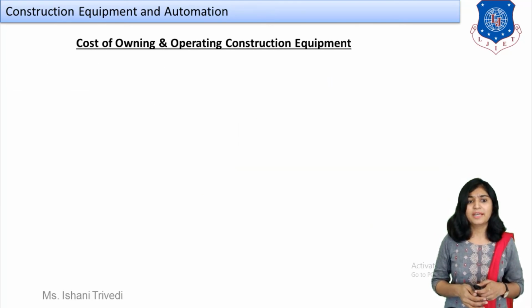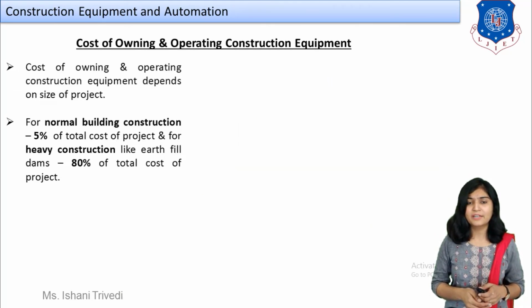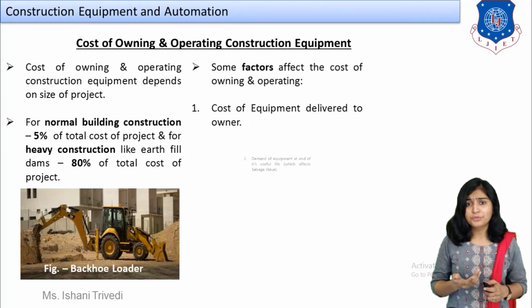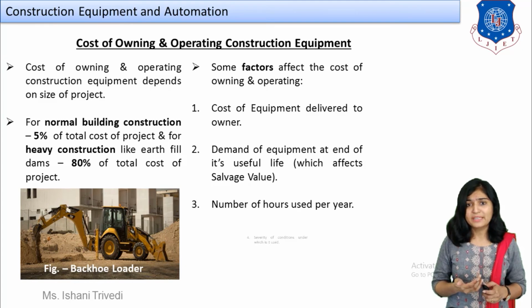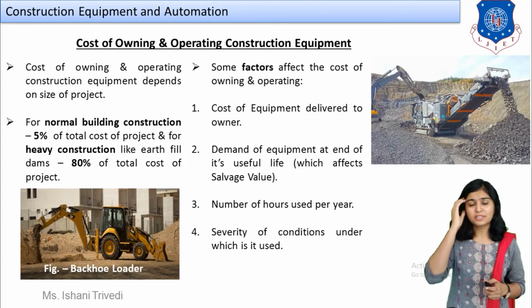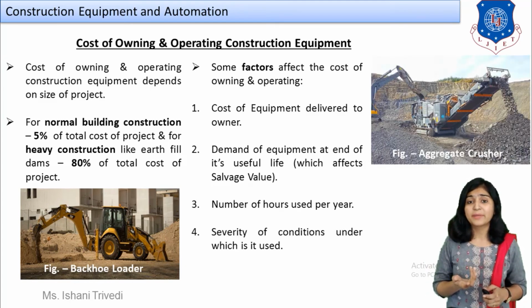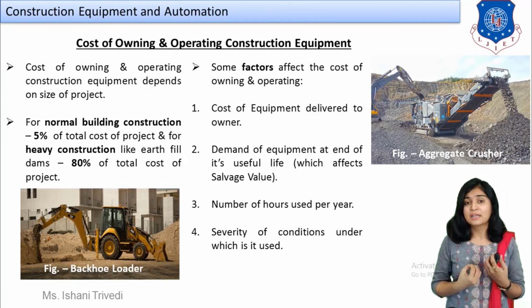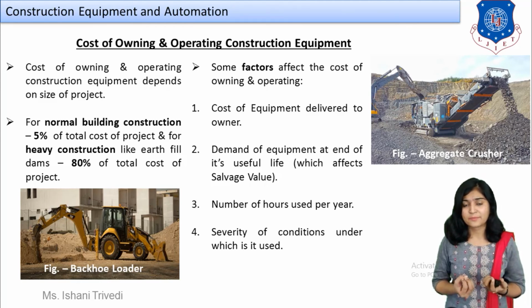Next, we have the cost of owning and operating construction equipment, right? What do you mean by cost of owning and operating? Now students, owning means you are purchasing the equipment, you are making the equipment your own. Once you have purchased it, it does not end there. You are going to operate that equipment.